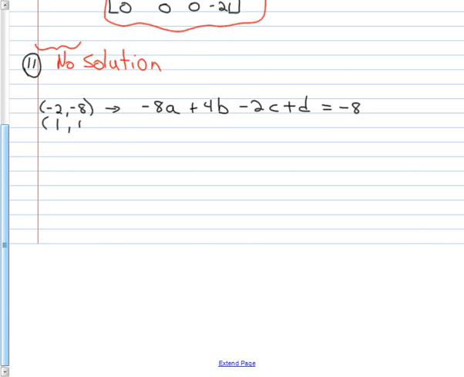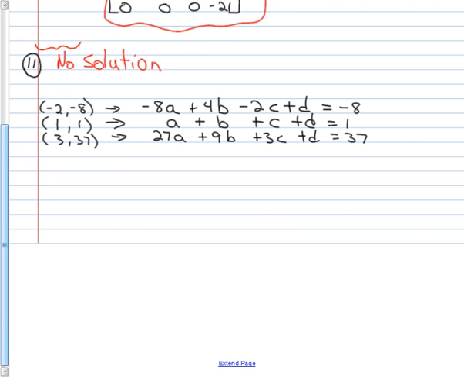1, 1. Equals 1. All right, help me out. A plus B plus C plus D. There it is. 27, well, I know it equals 37. 27A plus 9B plus 3C plus D equals 37.